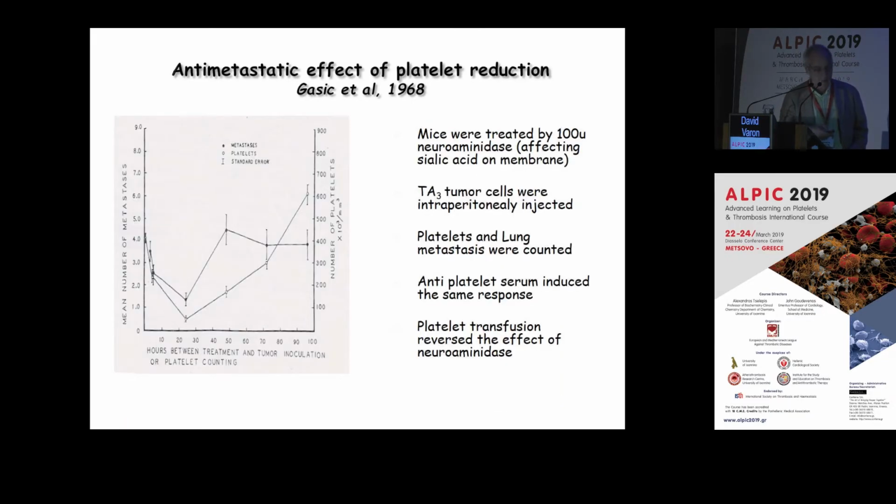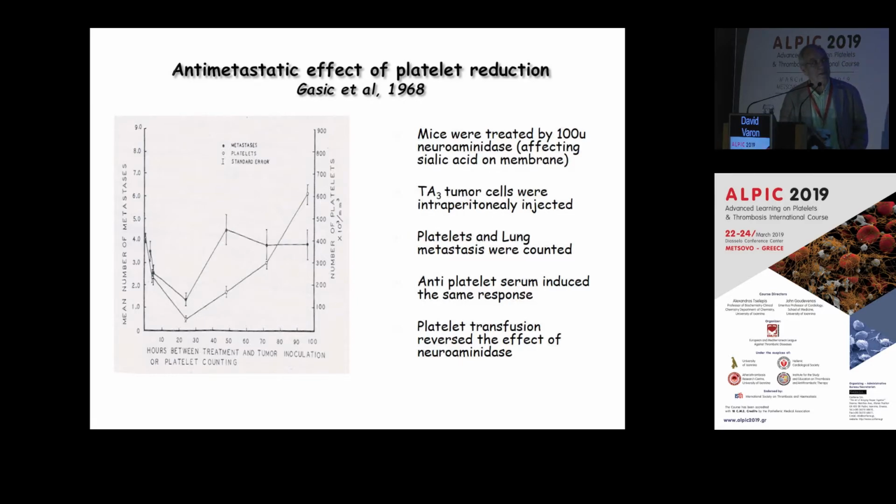So the first hint of a relationship between platelets and cancer came from Gasik and his group in the middle of the last century. They showed a correlation between the number of platelets and the number of metastases after injecting an IV carcinoma cell line.